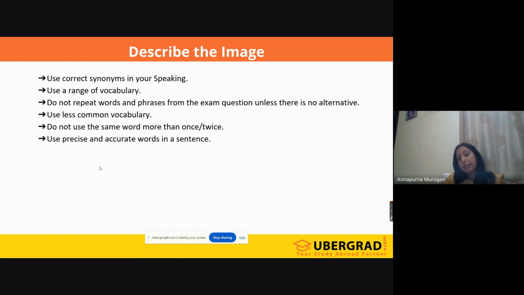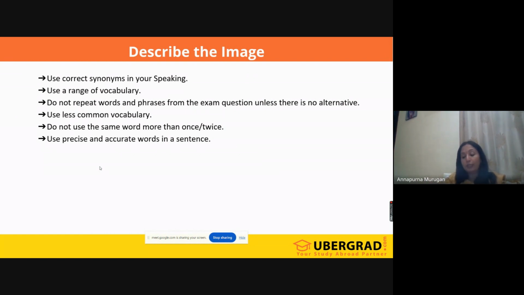And as I said, you need to use varied vocabulary. Also, don't use numbers, even though it will be statistical information. You're not supposed to present the numbers there. Don't start describing from 100 to 200, 200 to 300.